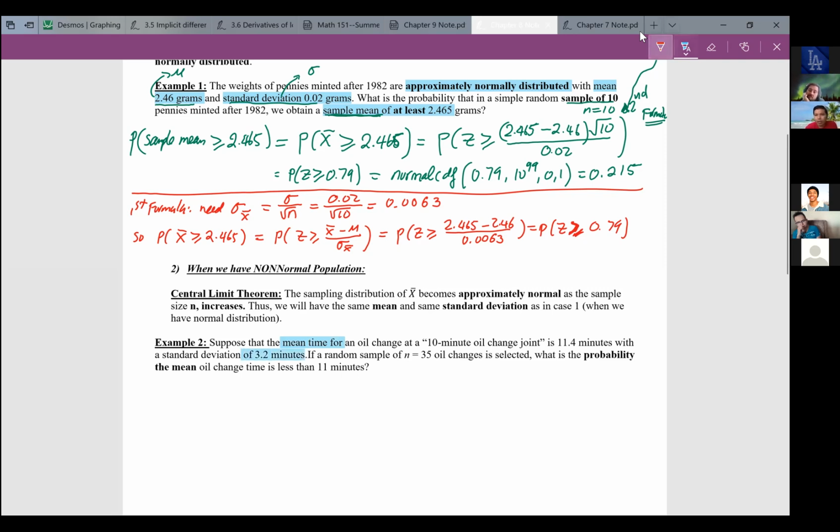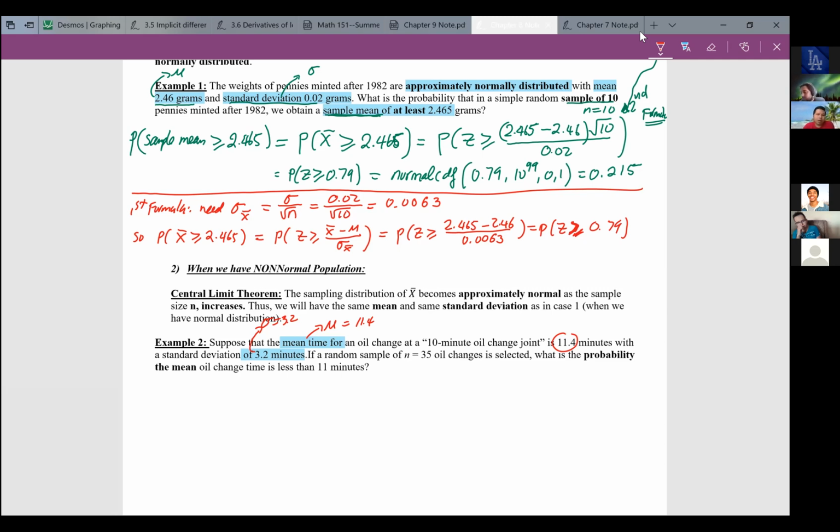You can see in example 1 and example 2, this information is always provided, right? So mu equals 11.4 and sigma equals 3.2. They always give us that, so you don't have to find it. If you do find it, then you did something wrong.